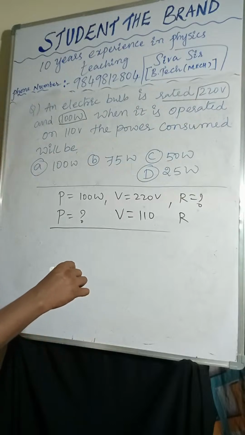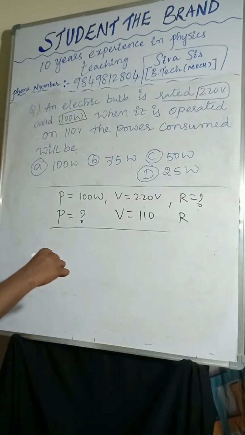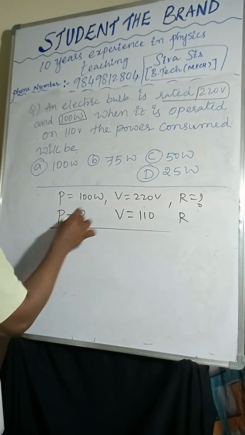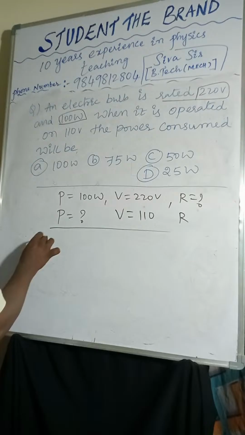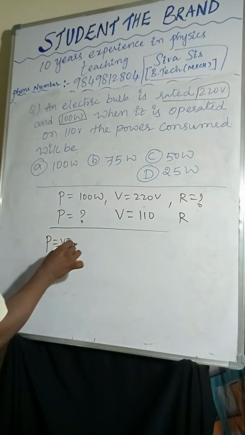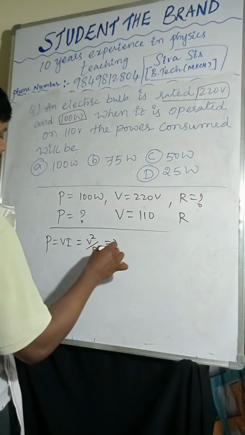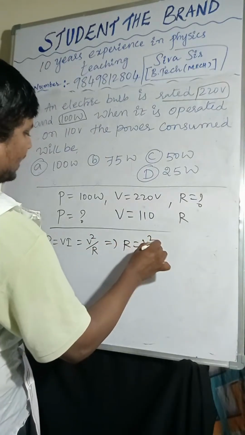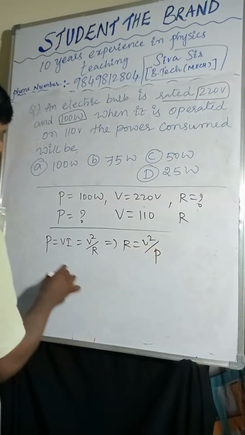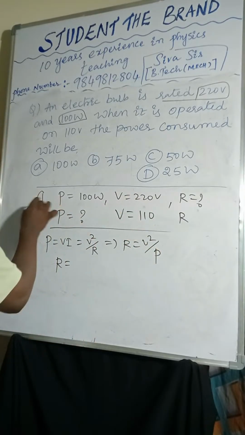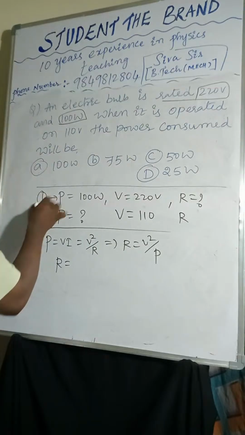So now the resistance we have to find out. P equal to VI, so from this we can take V square by R. From this R equal to V square by P. So R equal to V how much? First case 1 and case 2.